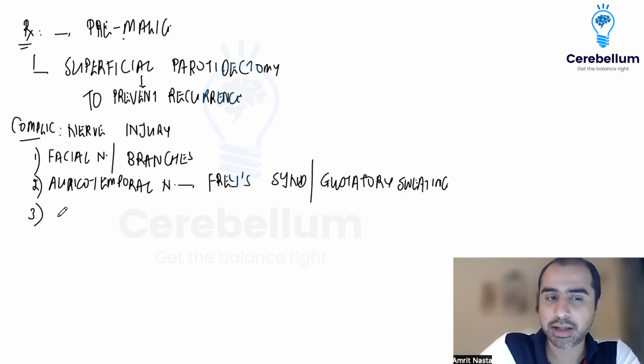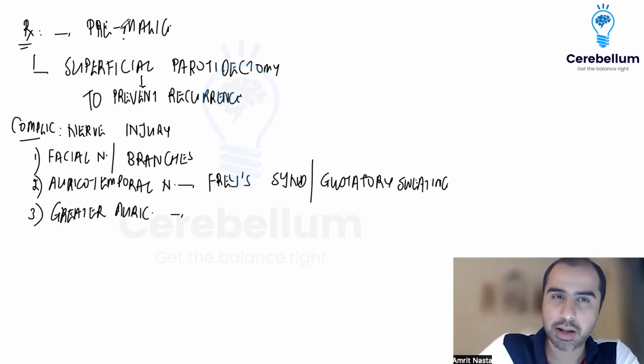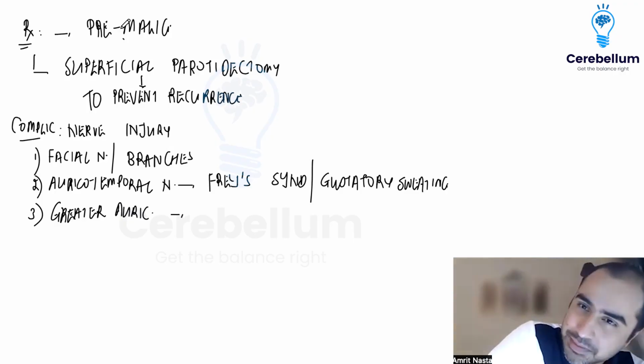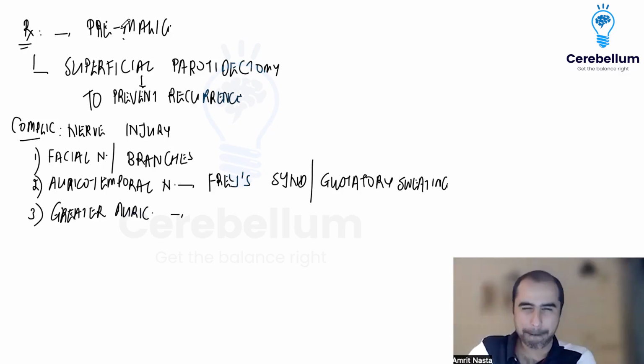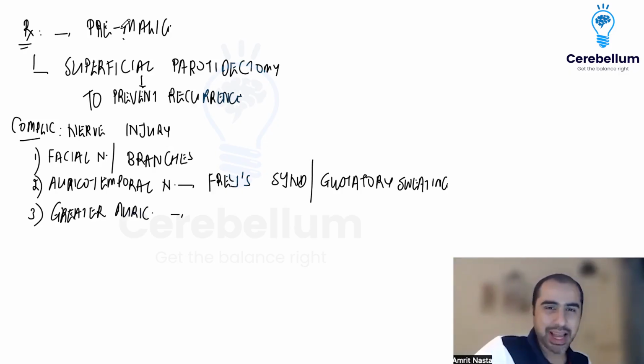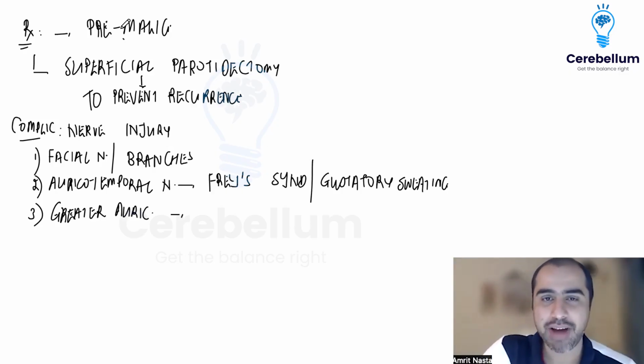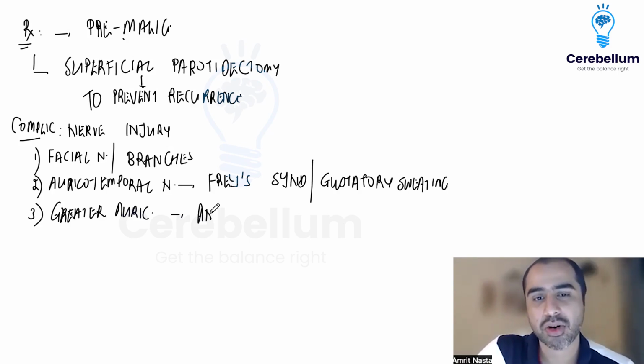Third nerve that can get injured is the greater auricular. What happens if this gets injured? Is there any big deal if the greater auricular nerve is injured? Or nothing happens? So yeah, he will have anesthesia or loss of sensation in his cheek in the area of shaving.